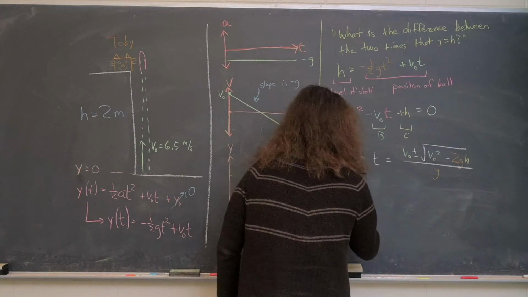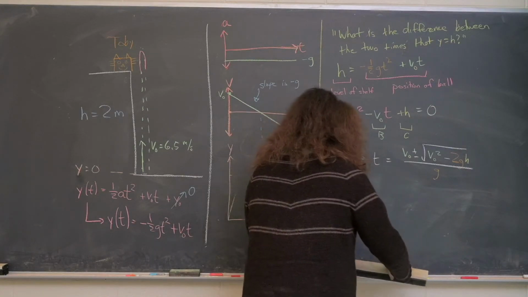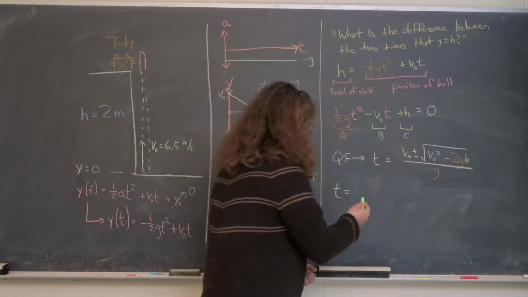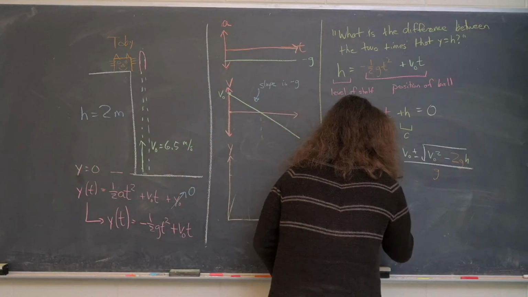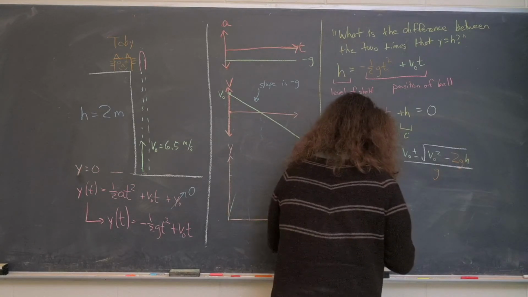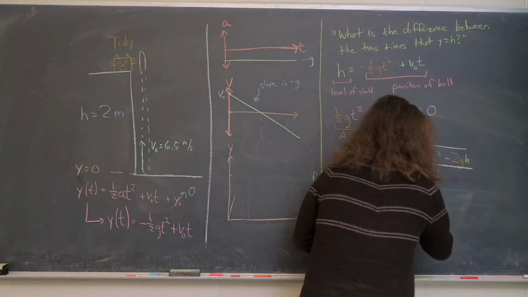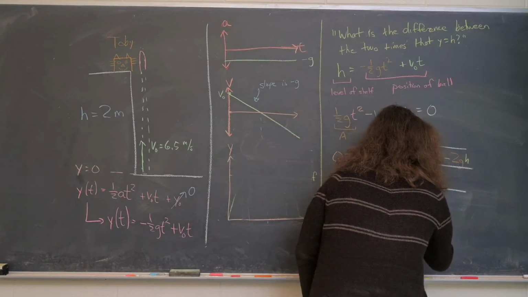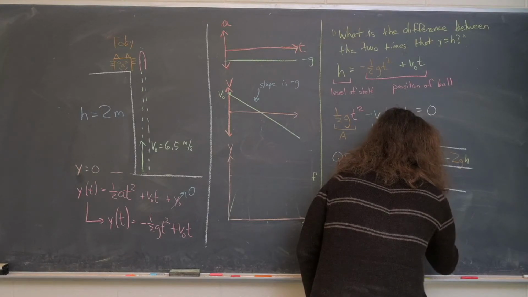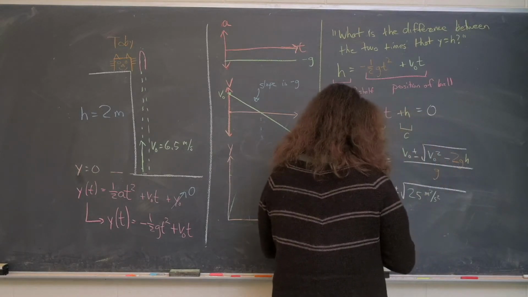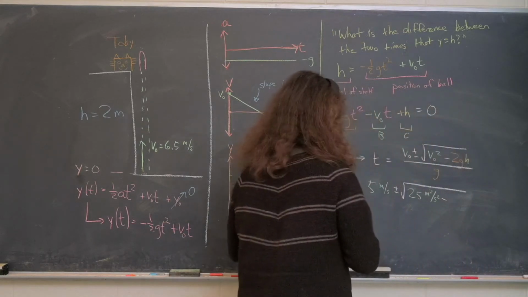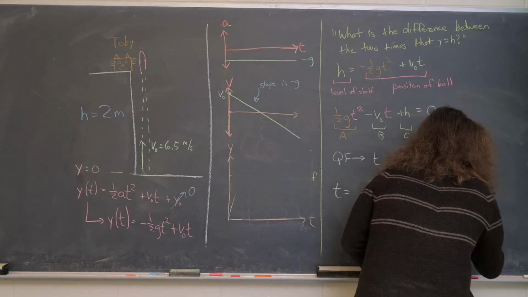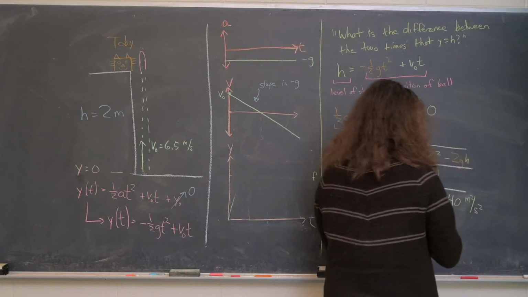So here, t equals, let's see, the initial velocity now I believe was 5 meters per second. So I have 5 meters per second plus or minus the square root of, let's see, 5 squared is 25, so 25 meters squared per second squared minus 2gh, which is 40 meters squared per second squared.